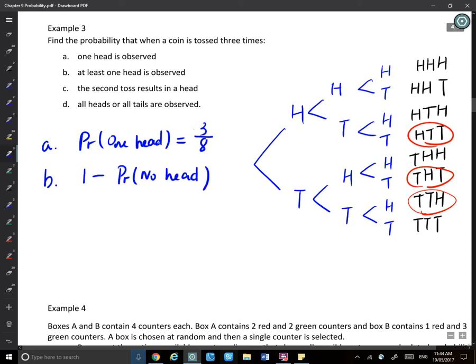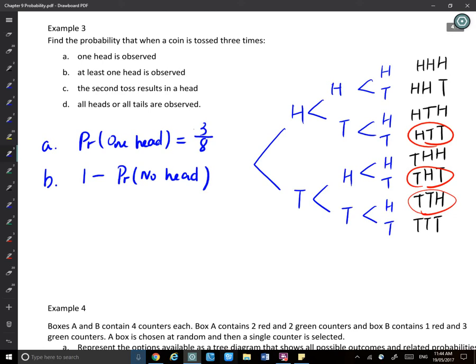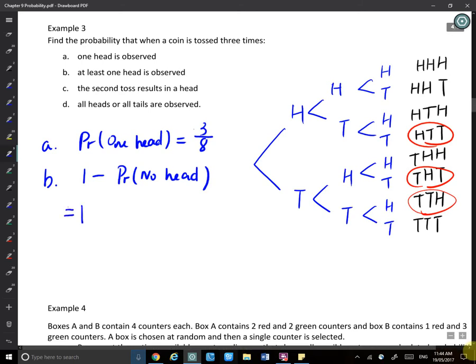So what's the probability of no head? 1 over 8. So it's 1 minus 1 over 8, that is 7 over 8.